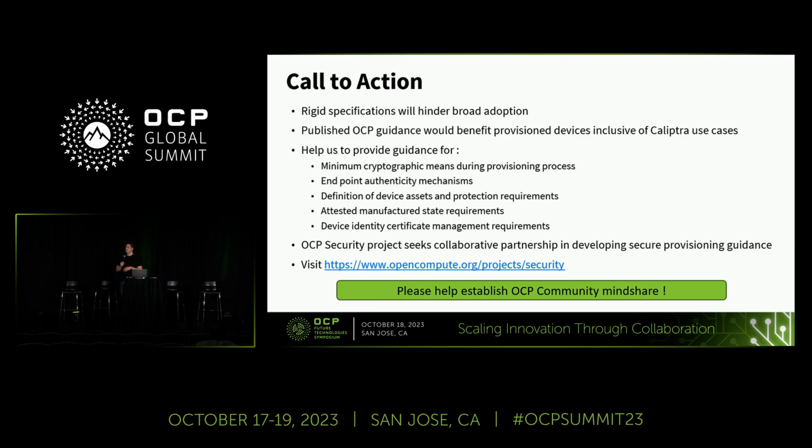If your RMA is to blow away the device identity and then reprovision it, well, then you're just doing all this twice instead of once. If you have some other process, then maybe there's a different set of requirements you have to follow. I think it's going to be really hard to do more than provide high-level guidance like RMA must not expose the device secrets, or something along those lines.